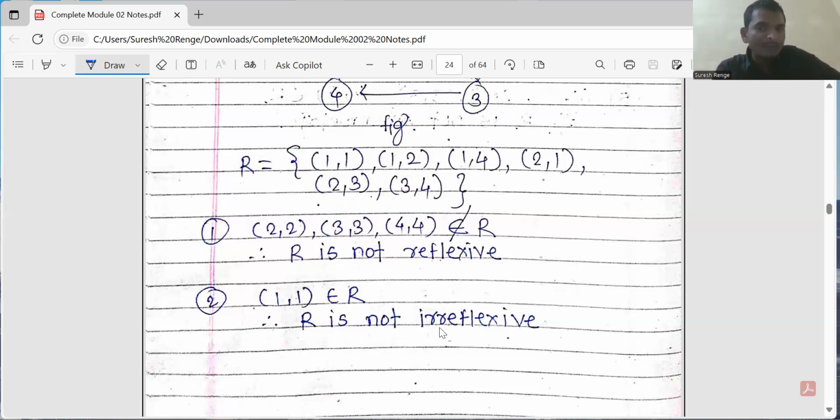If self-related elements are not present in the relation, we call that relation irreflexive. But here one self-related element exists, 1 1, which is available in the given relation. Therefore, this relation R is not irreflexive according to the definition of irreflexive.